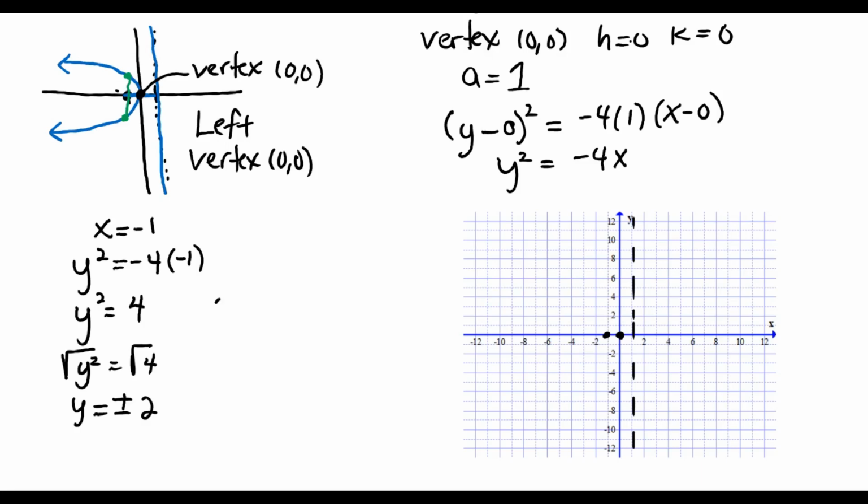So our latus rectum points are -1, -2, and -1, +2. Oops, I had my coordinates backwards there. Let me mark those on the picture: -1, 2, and -1, -2. So now I can sketch the graph of the parabola, oriented left with a focus at -1 and a directrix of x equals 1.